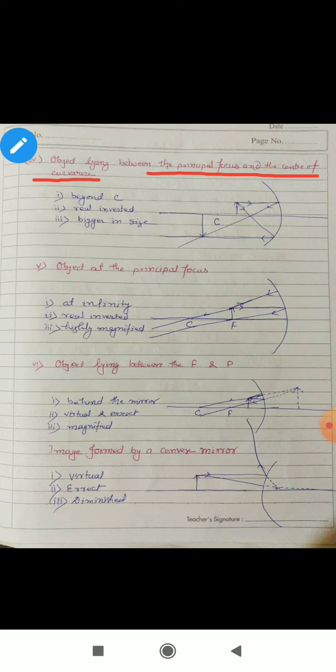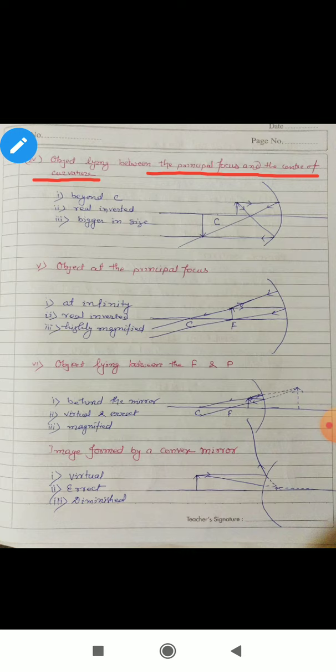One ray which is parallel to the principal axis, after reflection it passes through the focus, and second ray is the ray which passes through the focus, after reflection it becomes parallel to the principal axis, and both the reflected rays, student, are intersecting at a point, and at that point only the image will form.